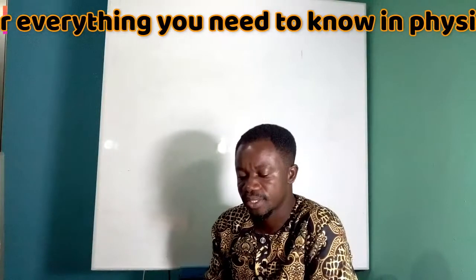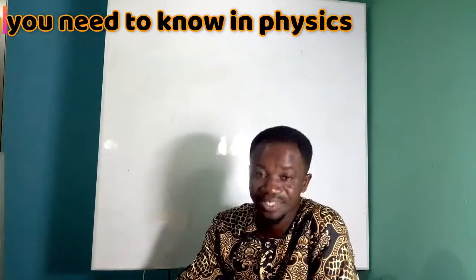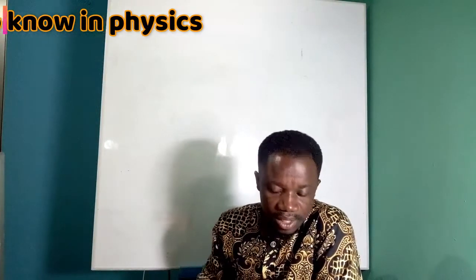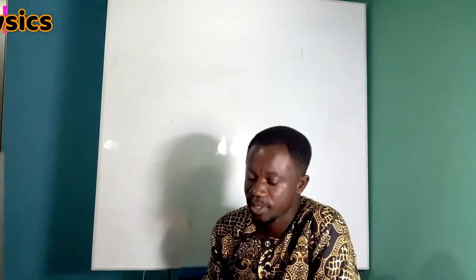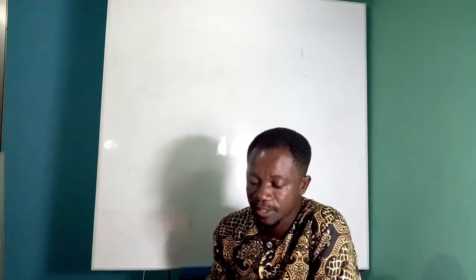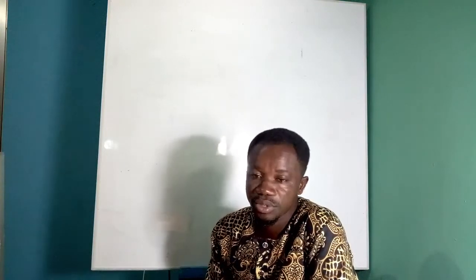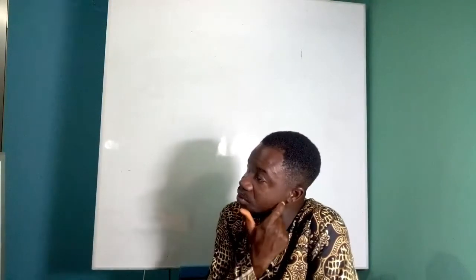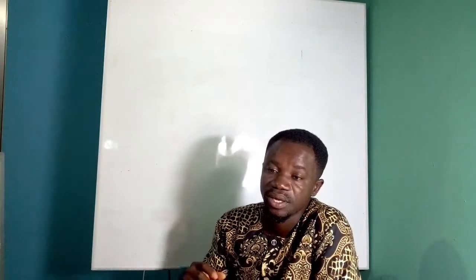So we look at another term we call satellite. We say a satellite is any heavenly body that revolves around a planet. Some people try to define a satellite as a smaller body that revolves around a larger body. That definition is faulty.